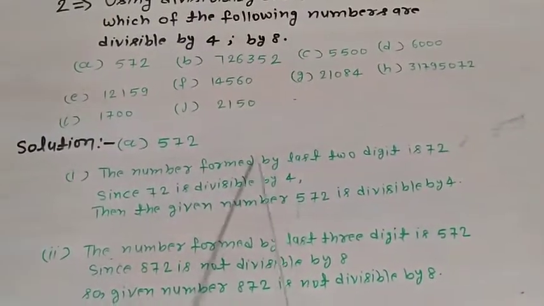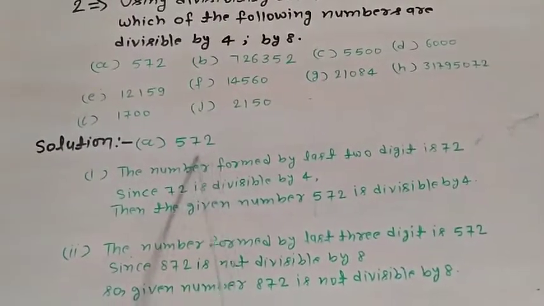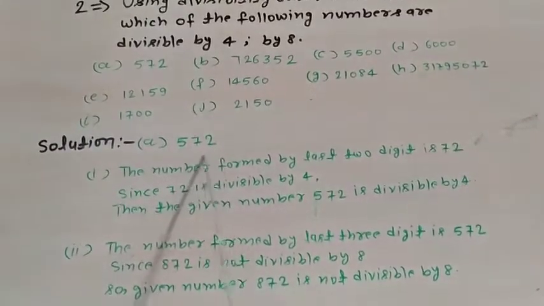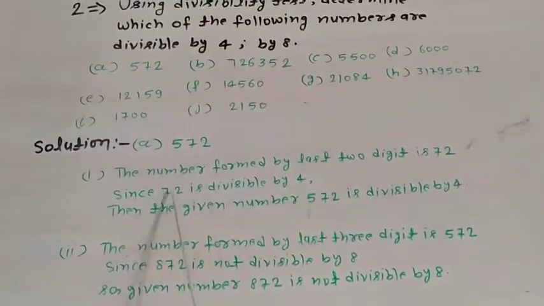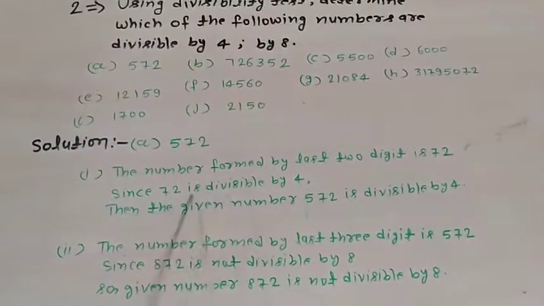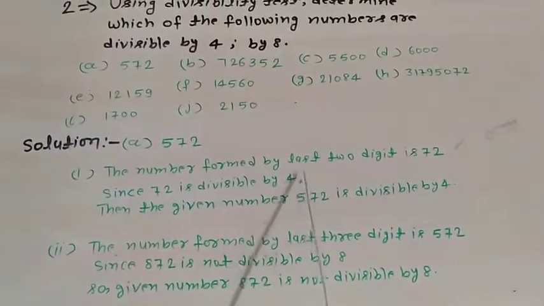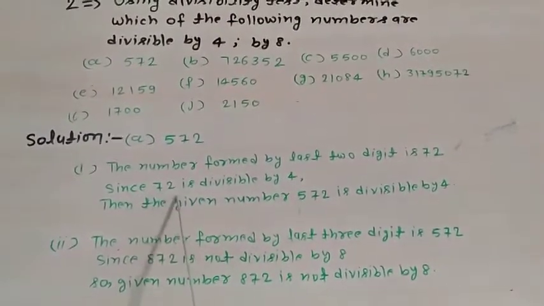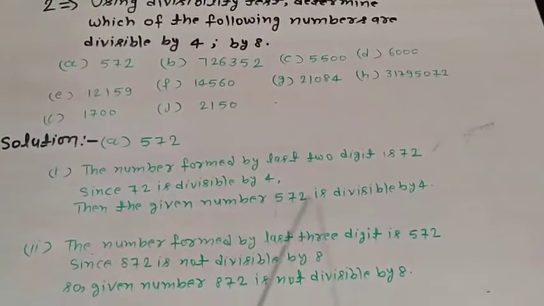The number formed by the last two digits is 72. And you can see 72 is divisible by 4, since 18 fours are 72. So the given number 572 is divisible by 4.